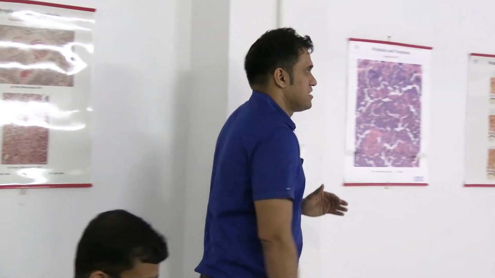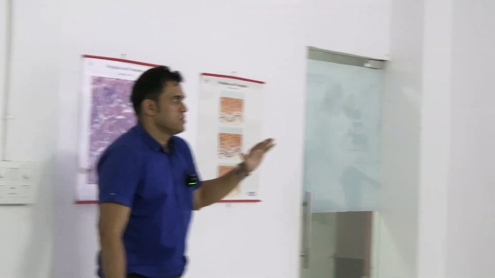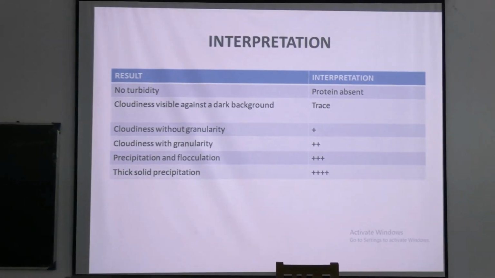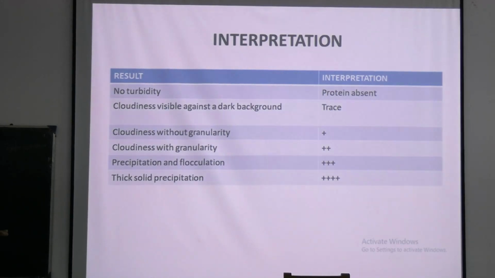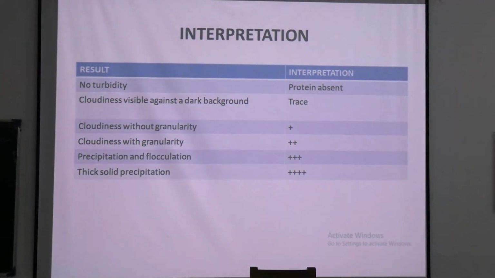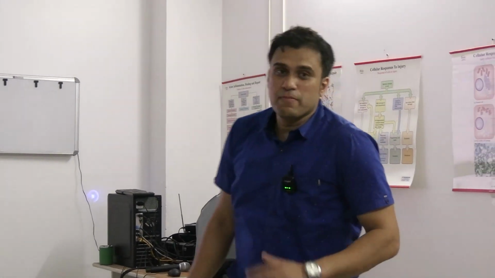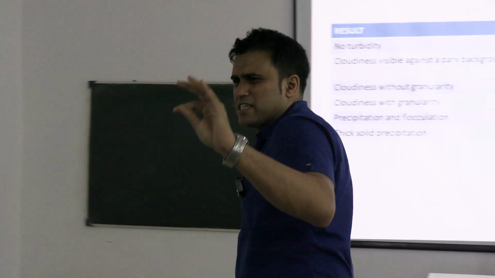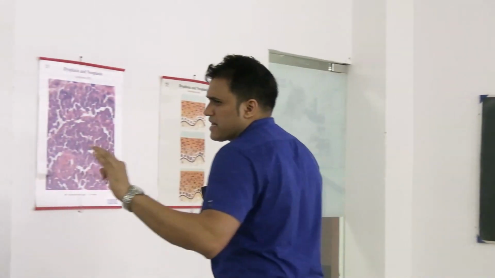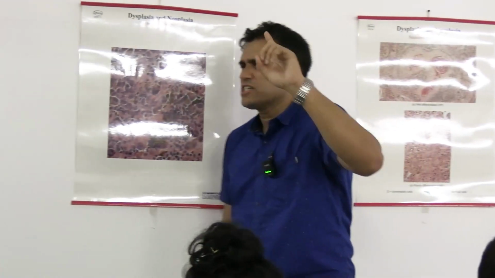Now I am coming to interpretation. Let me do the interpretation in one go. No turbidity means protein absent. Slight faint cloudiness, just visible against a dark background, means trace protein.